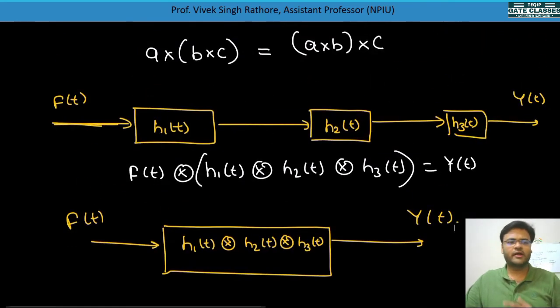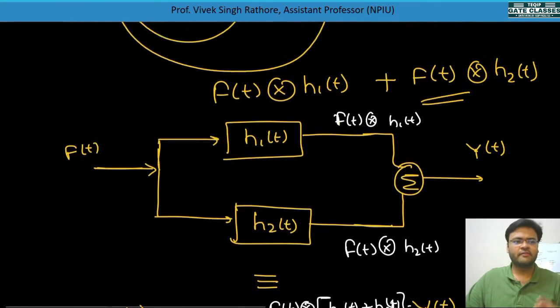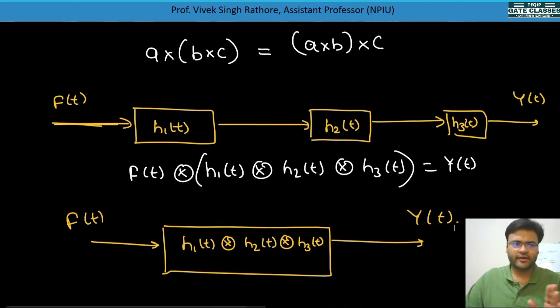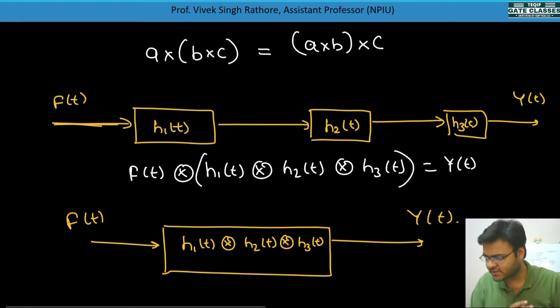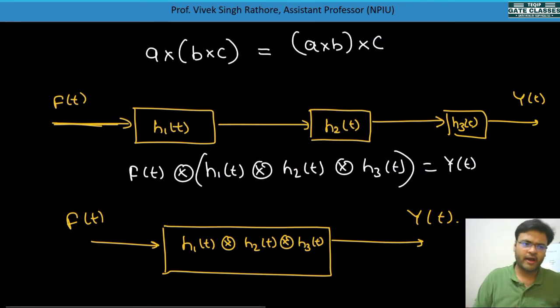It concludes that whenever any number of LTI systems are connected in cascade, they can all be combined into a single system whose impulse response is the convolution of all the individual responses. That is the simplest thing which we can do.